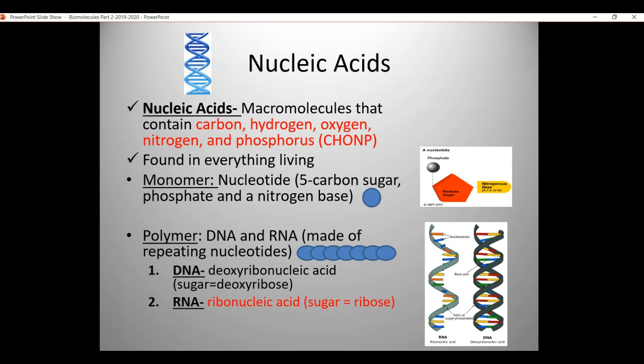Alright, introduction of nucleic acids. They're found in everything living. Number 1, everything in our world that is living has nucleic acids. It has the same universal genetic code, the same DNA. And I know that sounds weird. Yes, our DNA is different and nobody has the same exact DNA unless you're an identical twin, but that is not based on DNA itself.